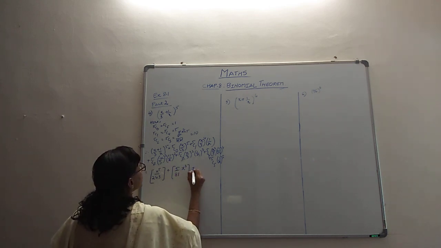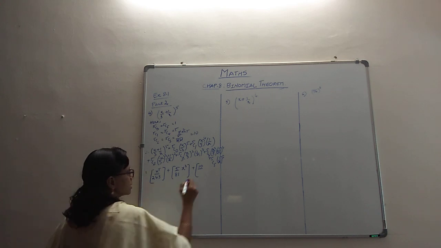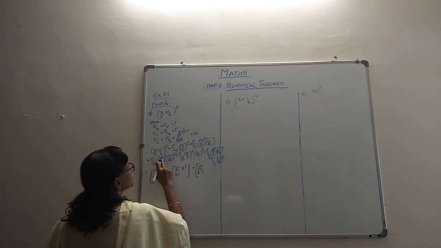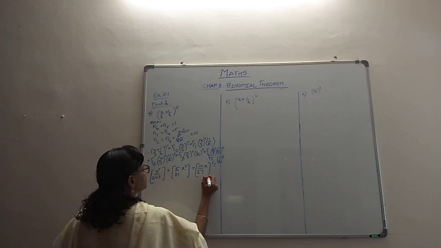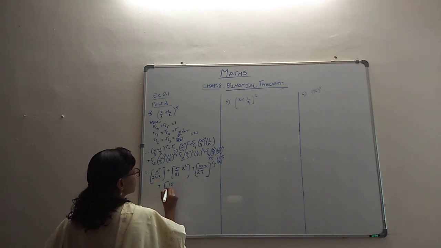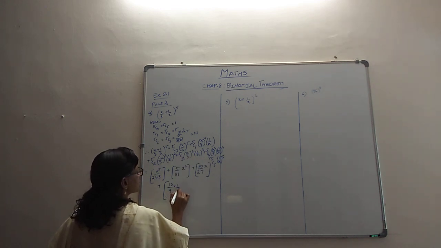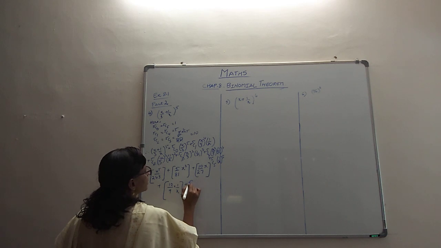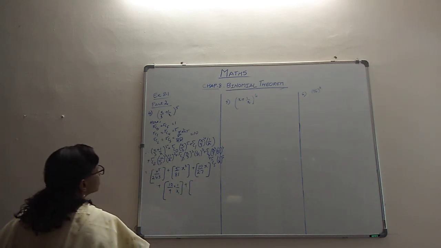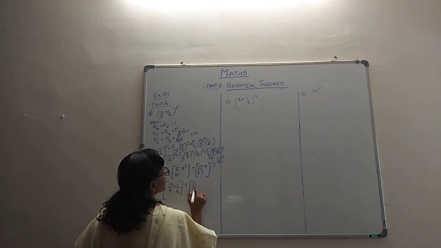Then 5C2 we learned it's 10. So it is 10 by 3^3, which is 27, and x^3 and x^2, so only x. Then 5C3 again 10 by 9, right? x^2, x^3, x remains. Then 5C4, it's 5, 5 by 3, and x^3.